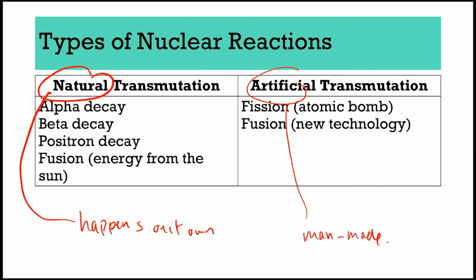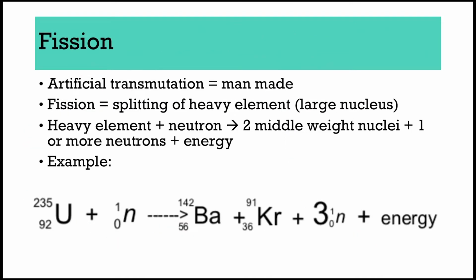Fusion is how the sun makes its energy, and that's natural, it happens on its own. The atomic bomb doesn't just spontaneously happen. Somebody needs to make it and set it off. So like we said, it's artificial, it's man-made.